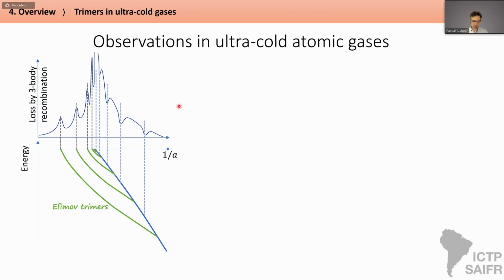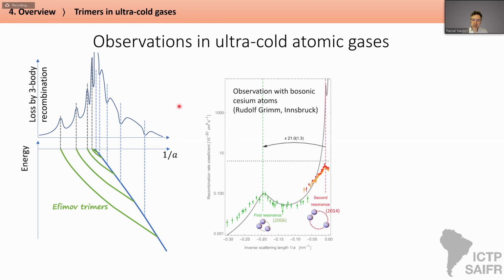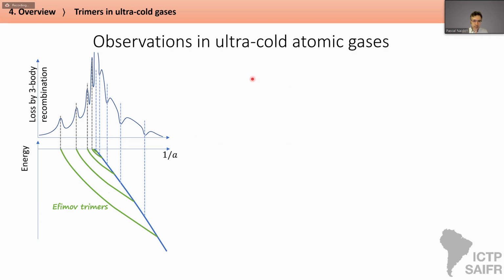So let me explain just by hand. Essentially, these atoms actually have fairly deep interaction potentials. So they have a lot of bound states, in particular two-body bound states.